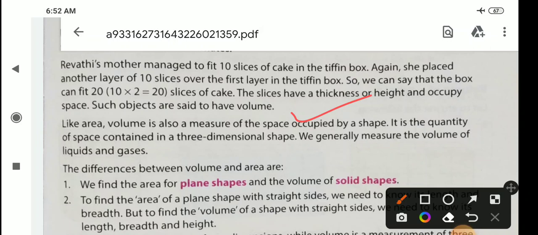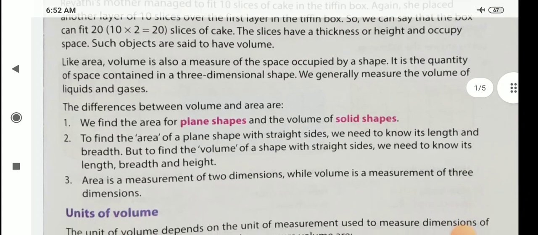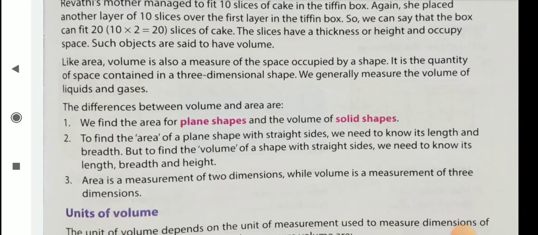Here, differences are given between volume and area. Let's see one by one step. Number 1, we find the area of plane shapes and the volume of solid shapes. To find the area of a plane shape with straight sides, we need to know its length and breadth.